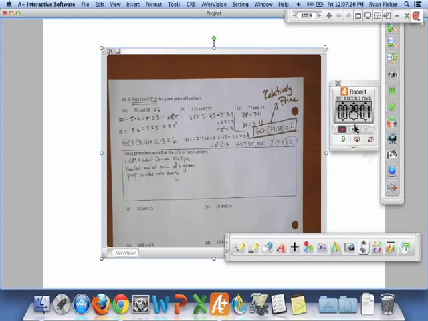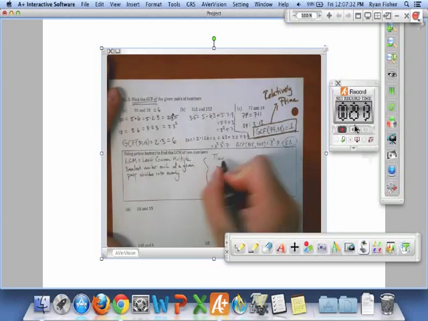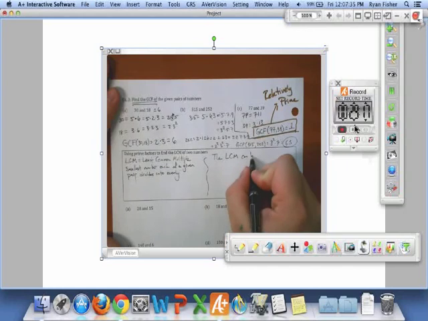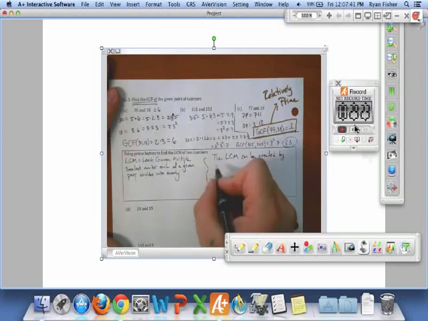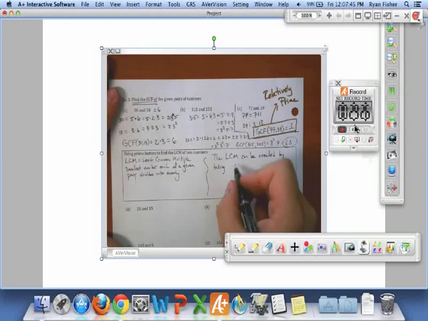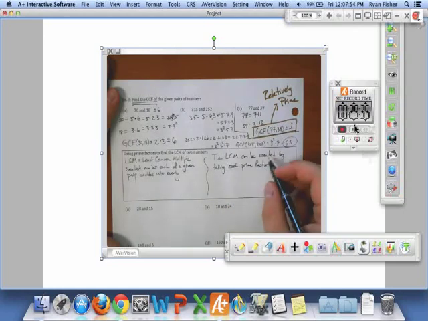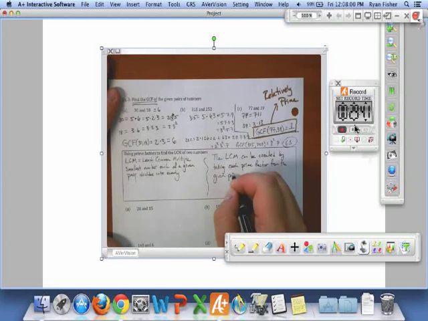The LCM can be created by taking each prime factor from the given pair the most times it appears in any one of the numbers.